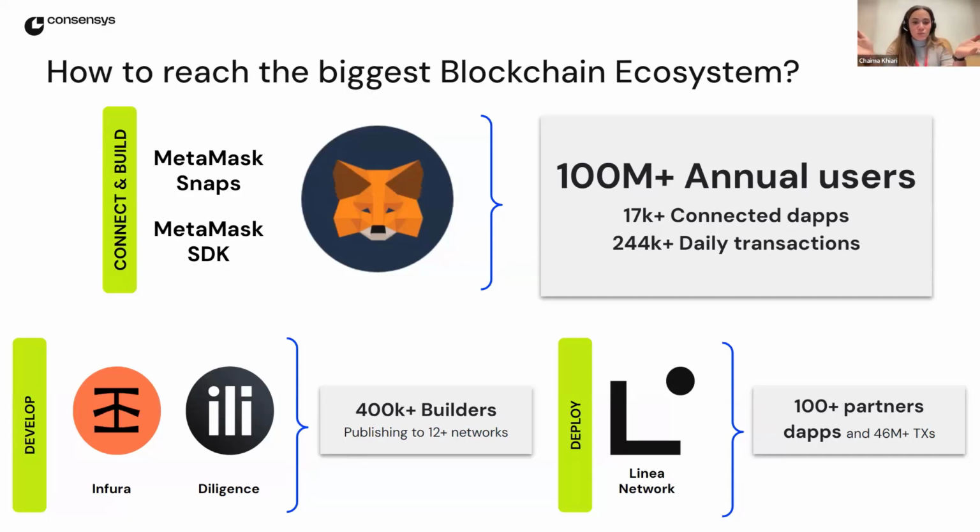I also need to mention Infura, Diligence, and Linea, dedicated to the developer community. This is our product for developers, sorry. As of today, we count more than 400K builders and the capability to publish on, I think last numbers were 12 networks. So this is a general overview of our product suite.